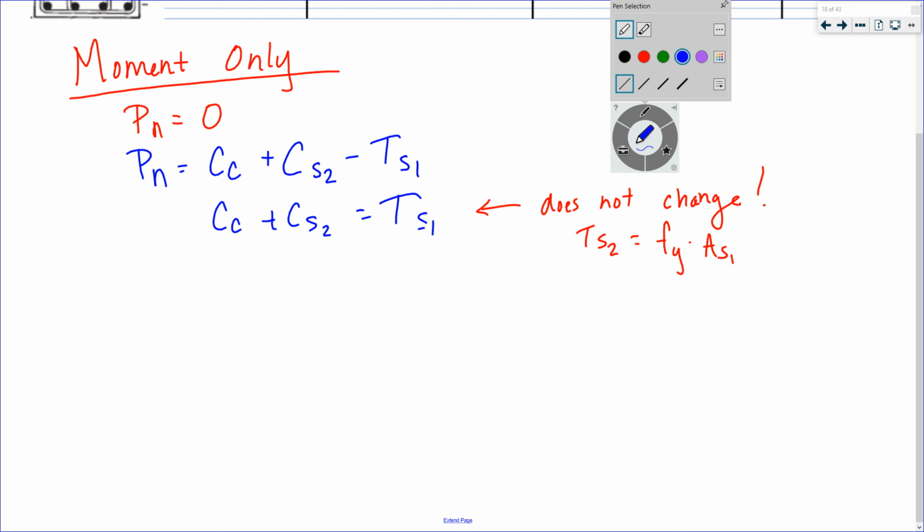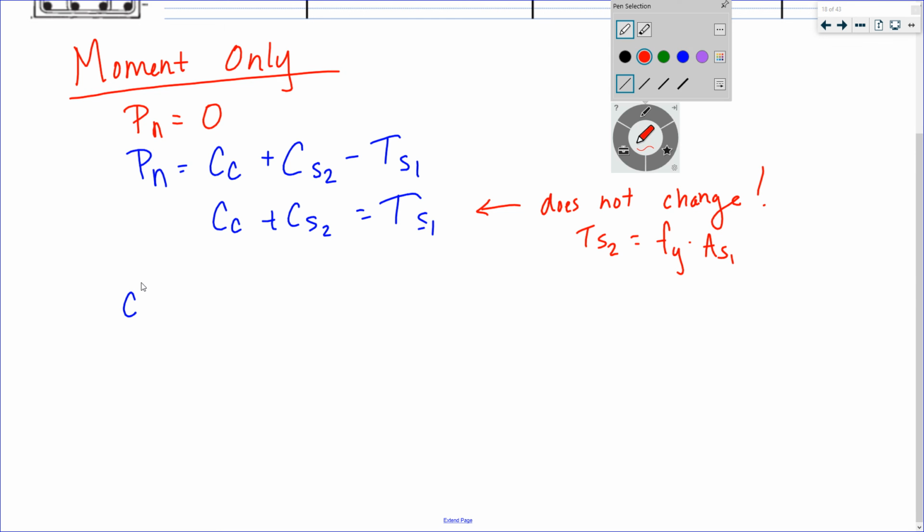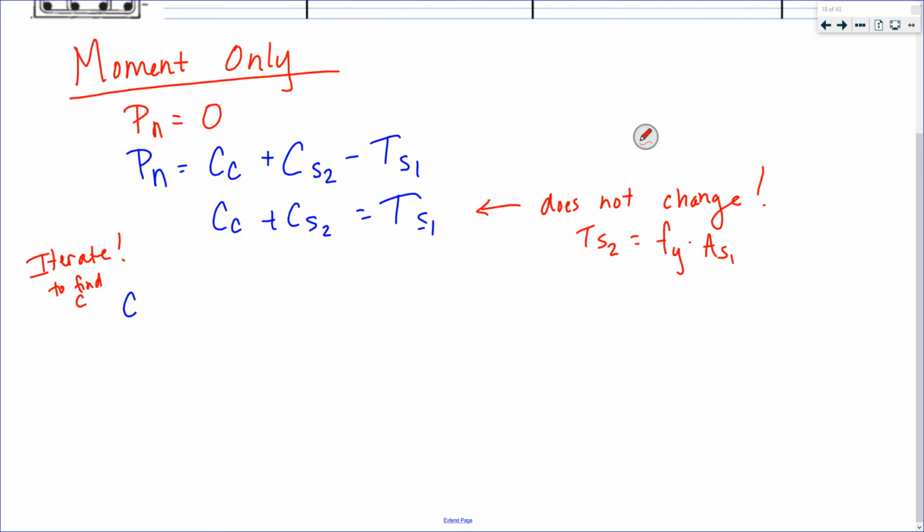So I'm going to guess a C, and calculate an A. Let's see, iterate, to find a C in which your compression force in your concrete and your compression force in your steel are equal to the tension force in your tension steel.